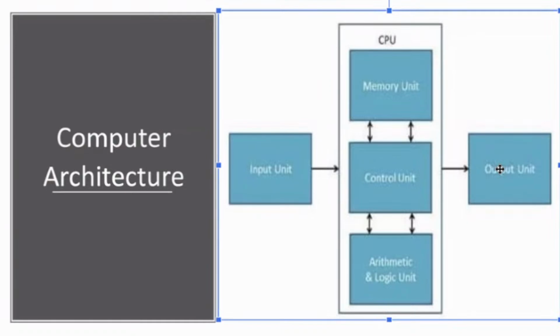Okay. Then what are the components inside this CPU? The CPU has several components like the memory unit, which means RAM, ROM, then the control unit, then the arithmetic and logic unit. We have registers and other components inside this CPU.